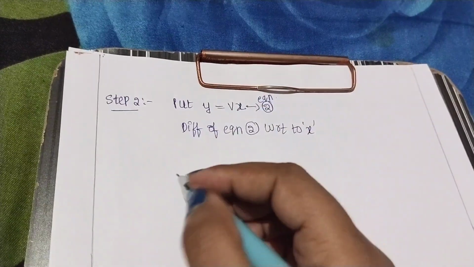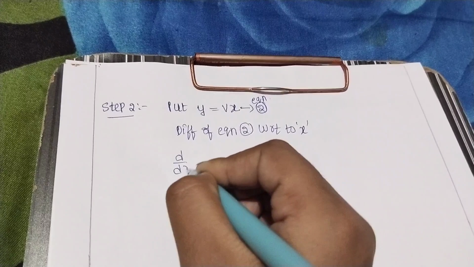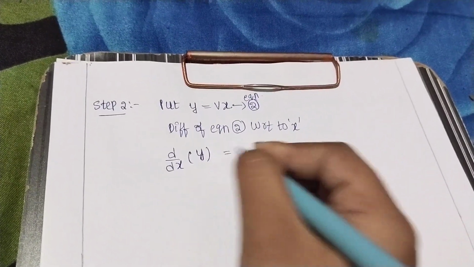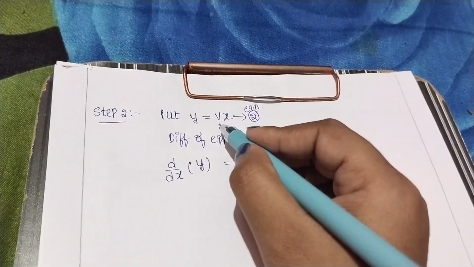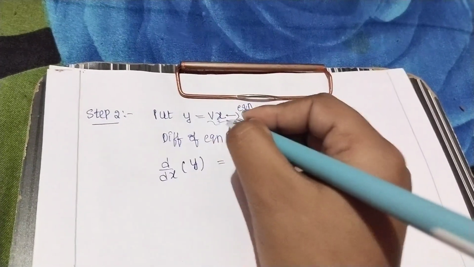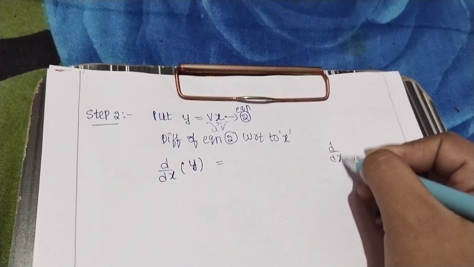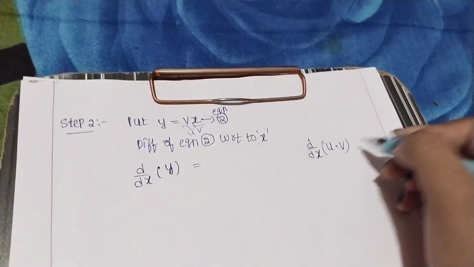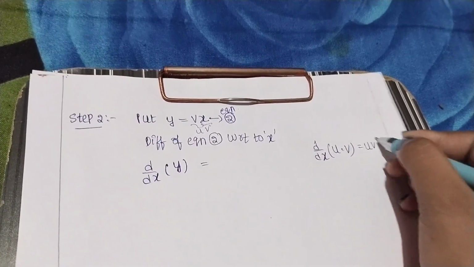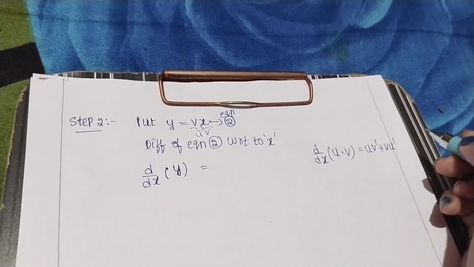So we get d by dx of y equals, as we know the uv formula, d by dx of u dot v equals u into v dash plus v into u dash.